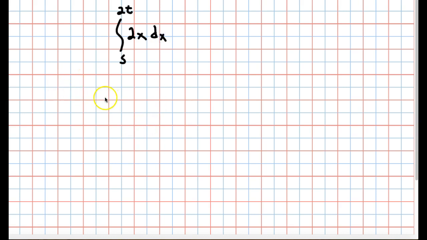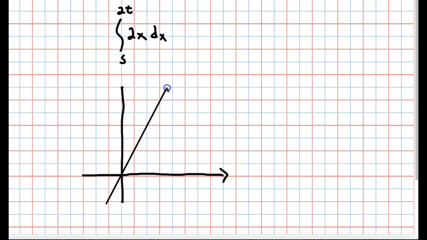Okay, well, if we graph this, right, we know that this is the line, the y-intercept of 0 and a slope of 2. So it's going to look like this. And now I want to find the area from s up to 2t. So I'm finding this area.